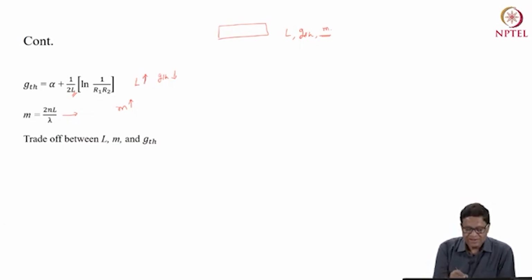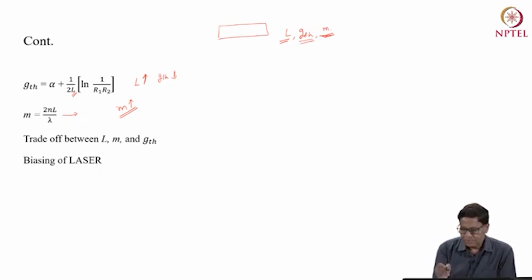And when L increases, you have larger cavity, so more power can be generated, right? But then at the cost of M is also increasing. So the number of modes are increasing. Effectively, the spectral width is increasing, and GTH. So if you see, there is an interplay between these three quantities. That is the cavity and the threshold required for population inversion and the number of modes. So there's a trade-off between these three quantities.